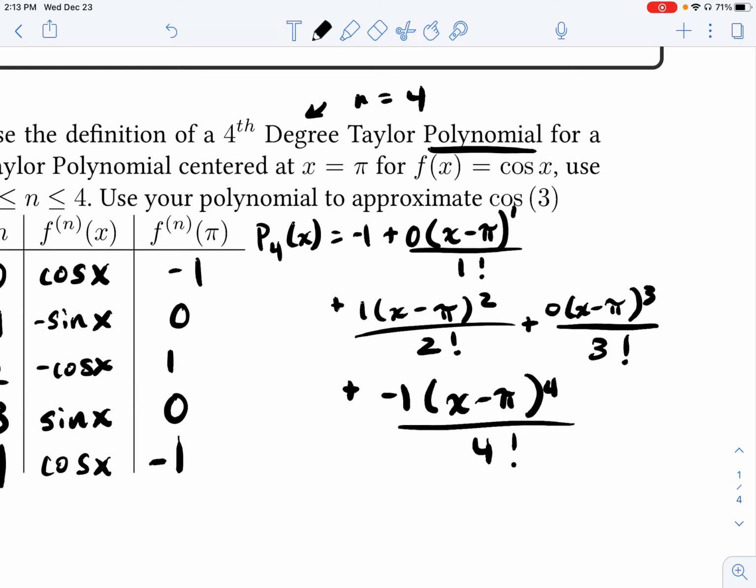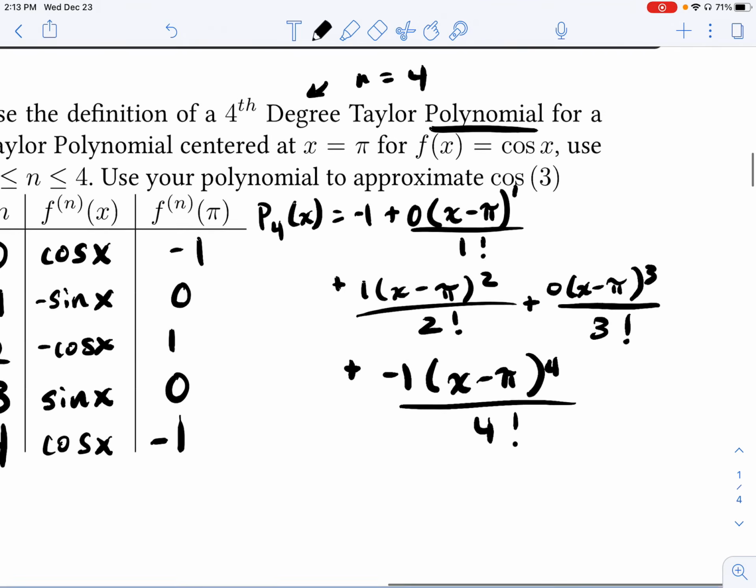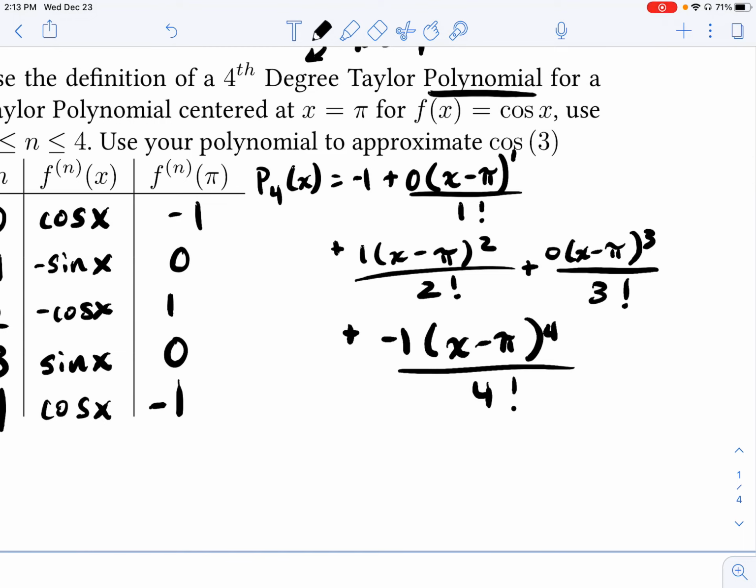And since this is a Taylor polynomial, which consists of a finite number of terms, I can stop there. But I want to clean that up a little bit.